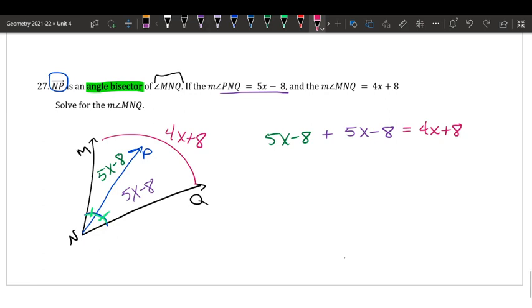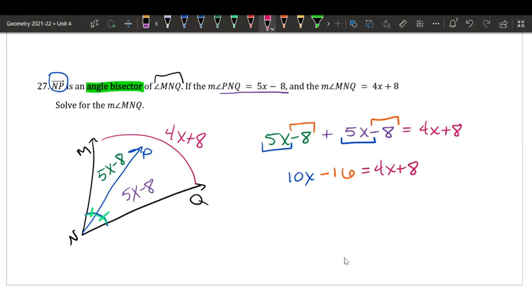And then I can combine like terms. So x terms are like terms. I have 5x and plus 5x, so I have 10x. And what color have I not used yet? Orange. And I have a negative 8 and a negative 8. Negative 8 minus 8 is negative 16. And that equals 4x plus 8.